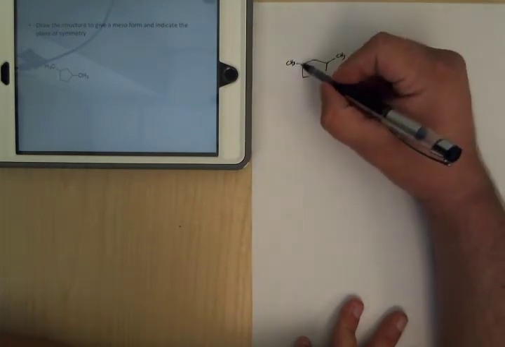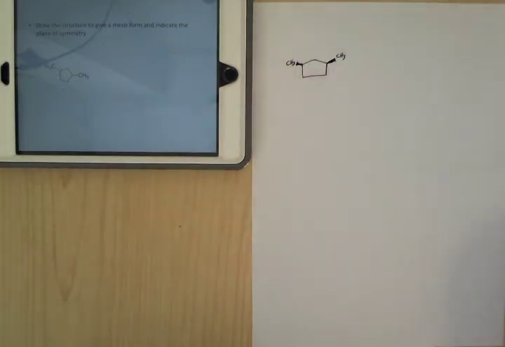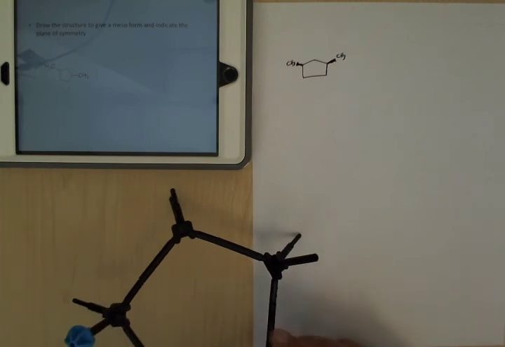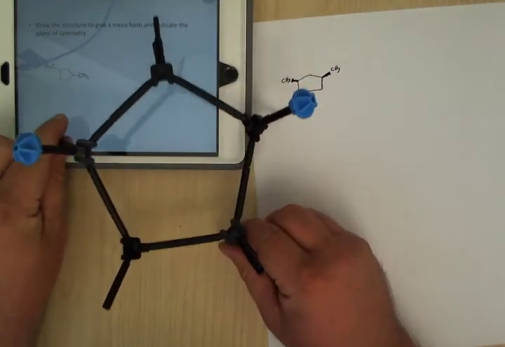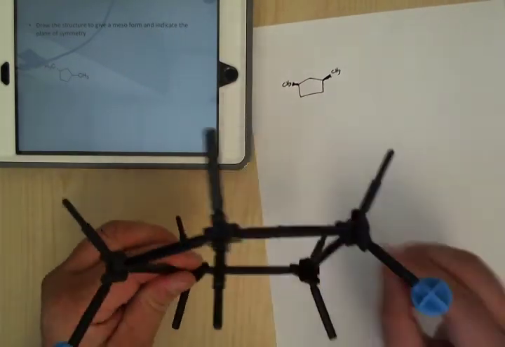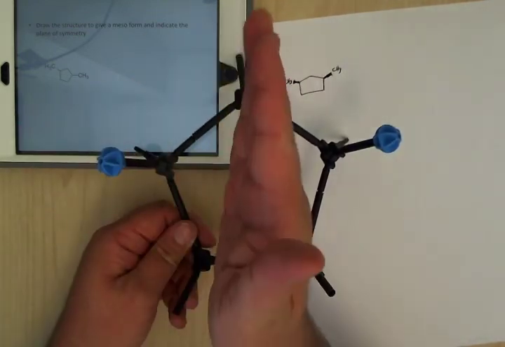The easiest way to do that, typically, is to go something like this. Make them both coming up at you. If they're both coming out at you like this, there's a nice plane of symmetry going right here. This half is exactly like this half.